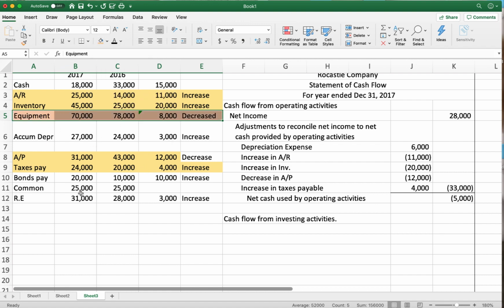Doesn't help me out at all. $8,000 decrease, right? Does not help me. I need to go back and I need to say, okay, what did the problem tell me? Well, the problem number 3 said during the year you sold equipment for $12,000, and number 4 says you bought equipment for $7,000. Okay, cool. I just need to make that happen, right?